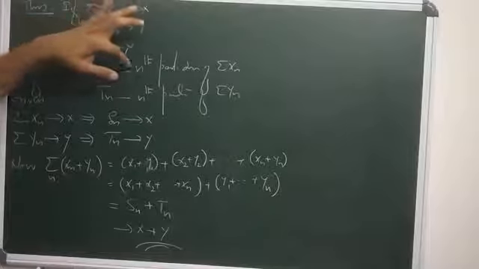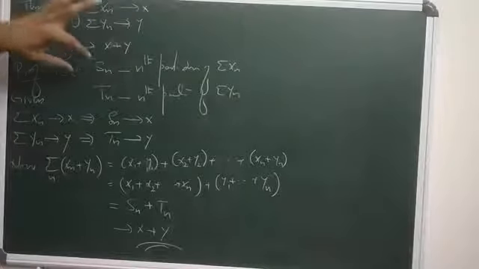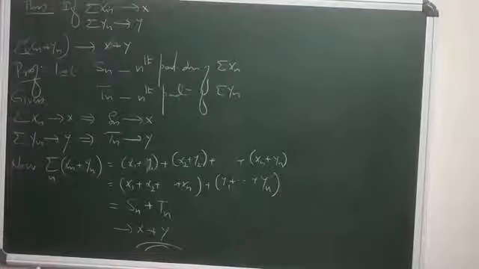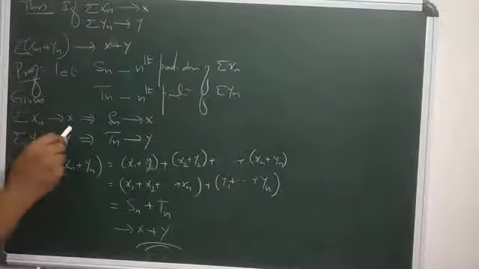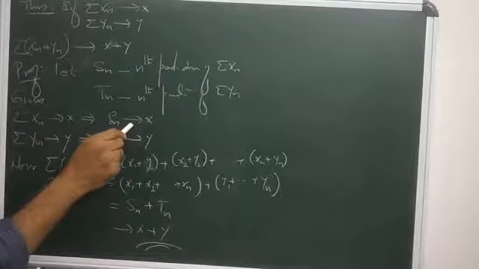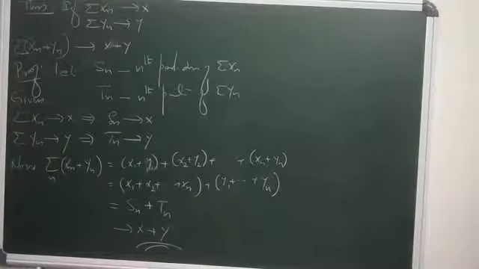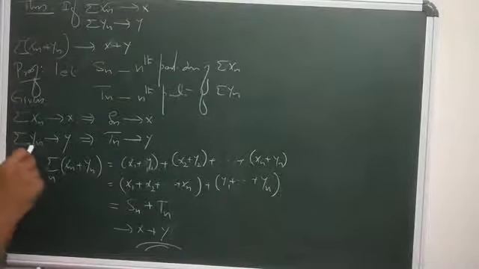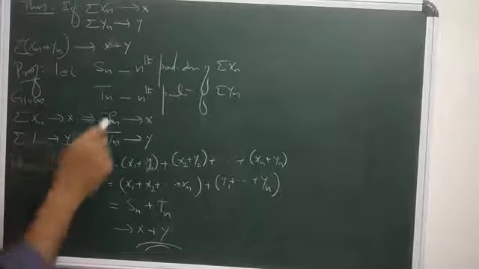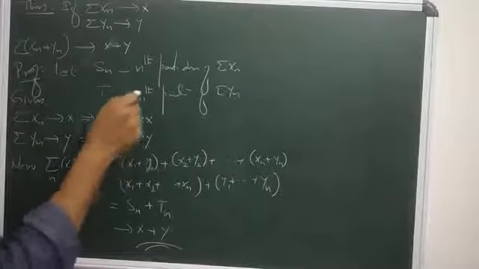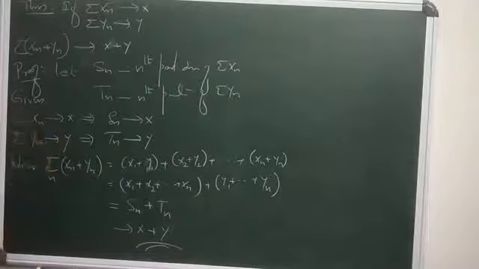Here, since sigma xn converges to x, Sn be the nth partial sum of sigma xn, Tn be the nth partial sum of sigma yn, then sigma xn converges to x means Sn converges to x. Why? Because we know that if the series converges, then its nth partial sum converges to the same point. When given sigma yn converges to y, surely its nth partial sum, that will be Tn, converges to y.